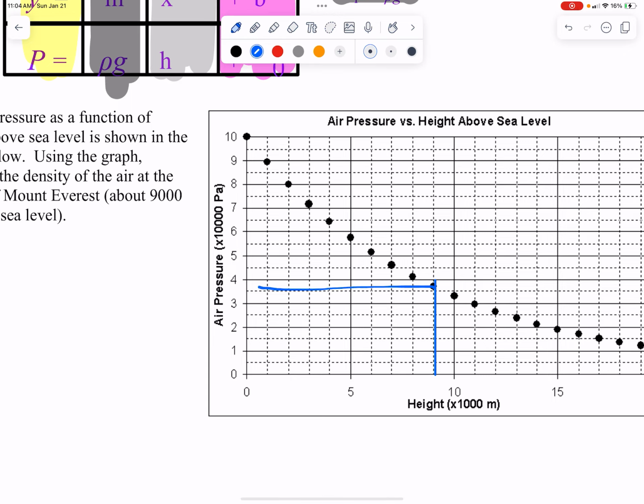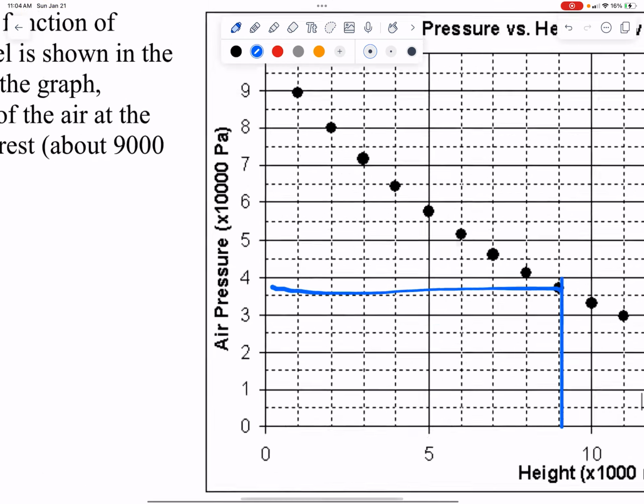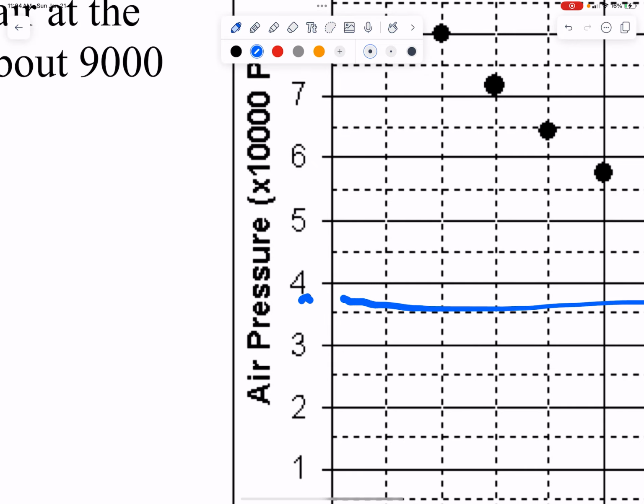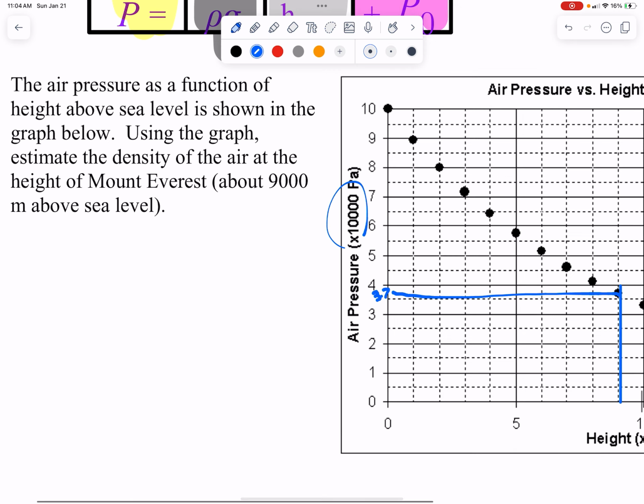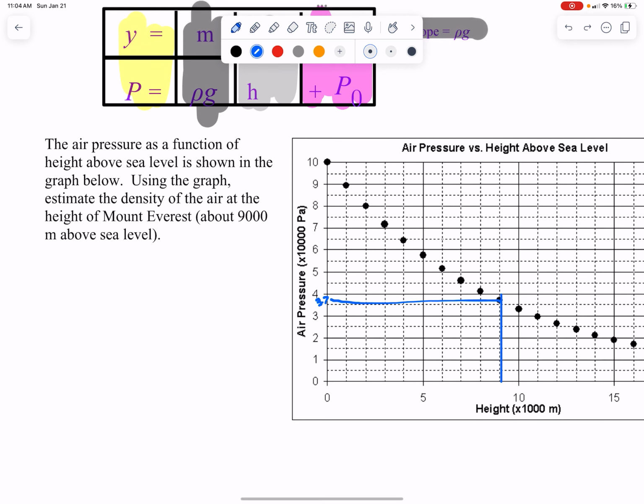And then if we go across, that seems to be, I don't know, maybe roughly 3.7 times 10 to the 4, which would be essentially a total pressure of 37,000 pascals.